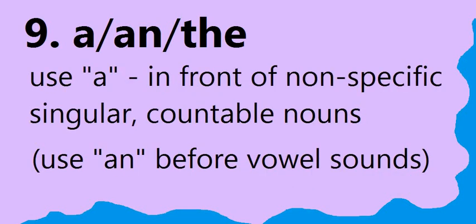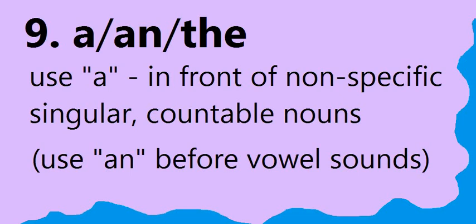We use a in front of non-specific singular countable nouns. So if there's one of it and we don't know which one. Change the a to an if it's before a vowel sound. That's an A, E, I, O, U sound. It's not always a vowel letter. The sound is more important. Sometimes an is used before an H or a Y, and it's not always used before some vowels like U's.